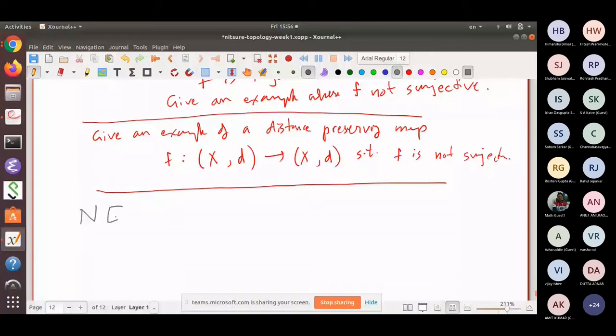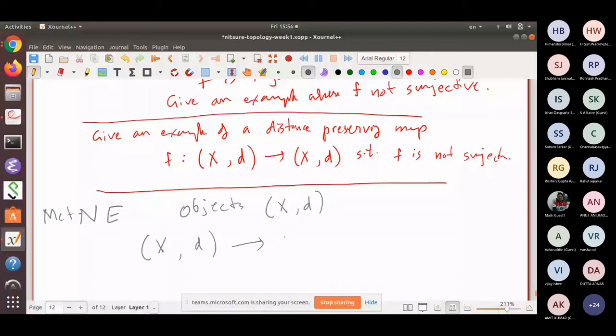Arrows from (X, d) to (X', d'): an arrow, let's call it f, should not expand, which means the new distance between f(x) and f(y) has to be less than or equal to the distance between x and y for all x, y belonging to X.